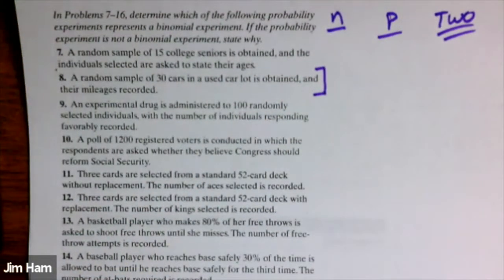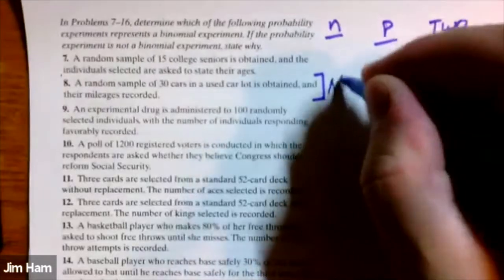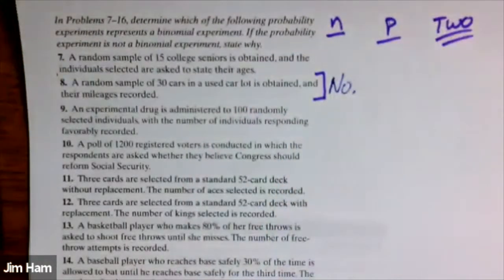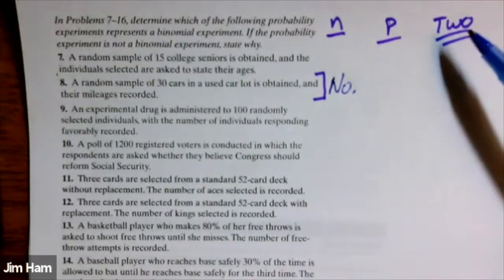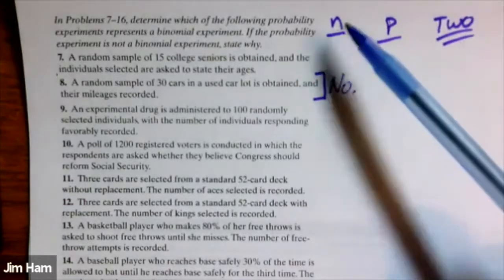A random sample of 30 cars in a used car lot is obtained, and their mileage is recorded. Now, car number 1 had 100,000 miles on it. Car number 2 had 20,000 miles on it. Car number 3 had 330,000 miles on it. Is this a binomial setting? The answer is no, because we have to be able to identify n.